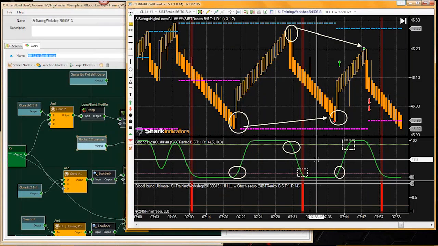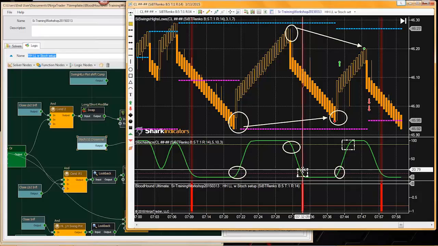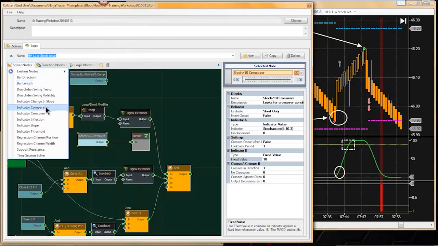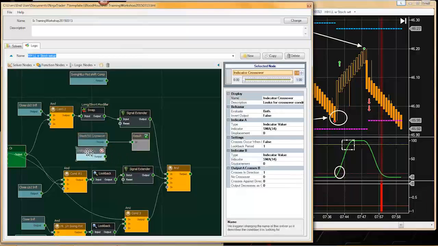Yeah, all right. So there we go. I got a crossover when they're crossing below 90. So let's add another crossover to complement this when we're crossing the 90.